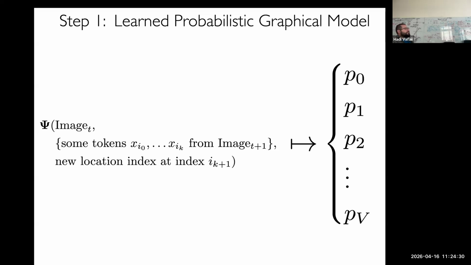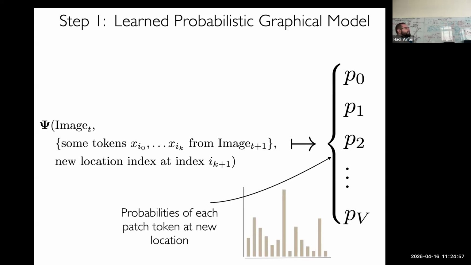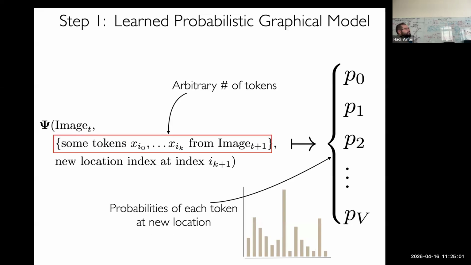The model is going to learn to predict the probability of the different possibilities at that new location, conditioned on the previous image and whatever number of tokens you get from this image already. Okay, I know this is a little formula, but this is the core idea: the model takes in some data about the state and predicts probabilities of the undetermined part of the state. These probabilities are over different possible patch tokens at that location, ik plus 1.